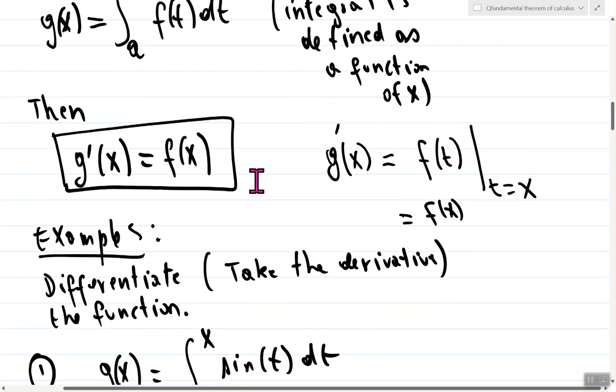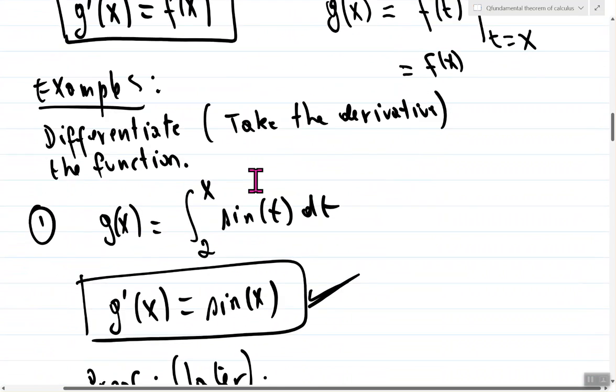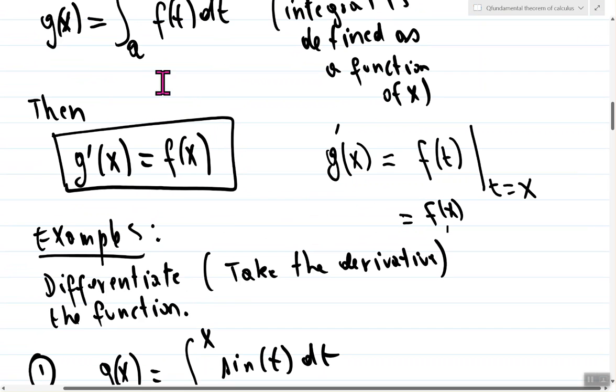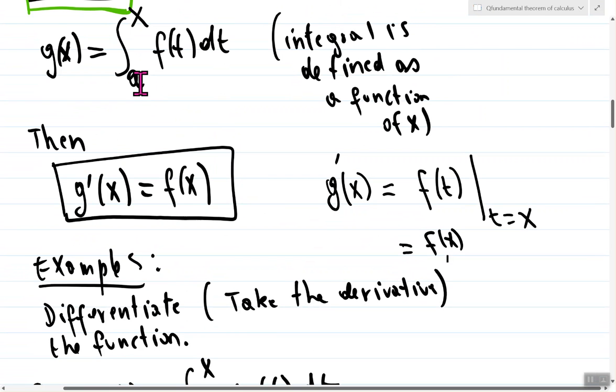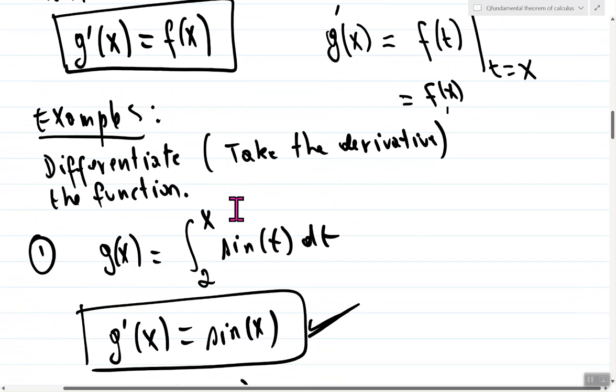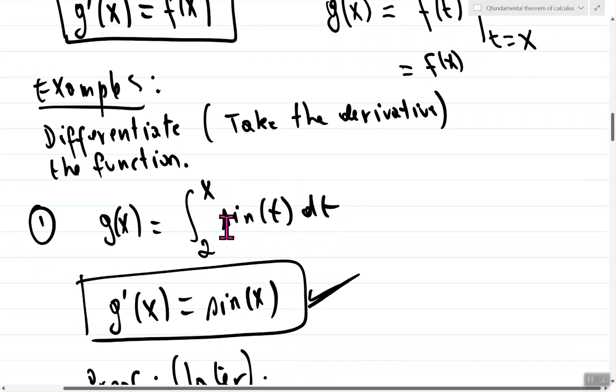For example, notice that here a is a number. Usually the question is this: differentiate the function g of x equals the integral from 2 to x of sin of t dt. They're not asking you to integrate; they're asking you to use the fundamental theorem of calculus to take the derivative of this integral.